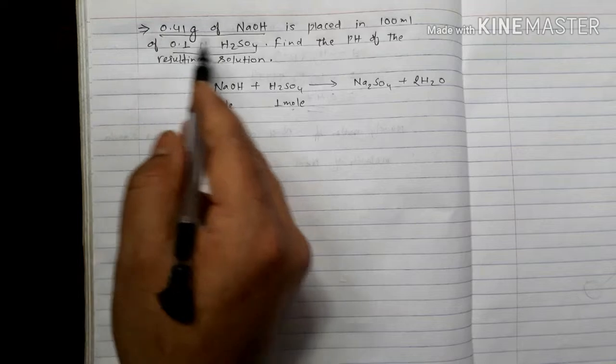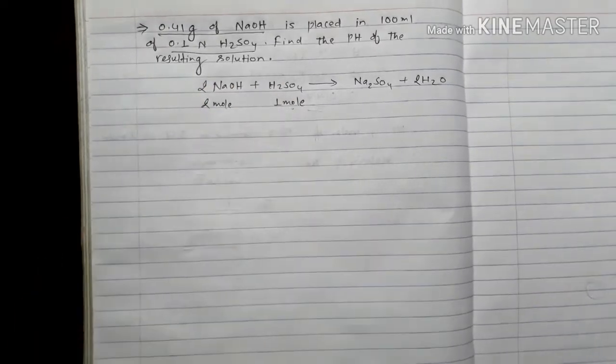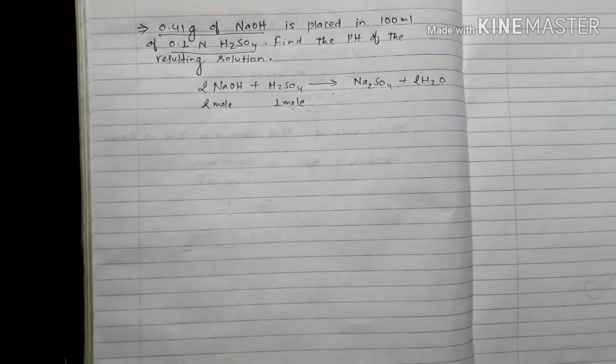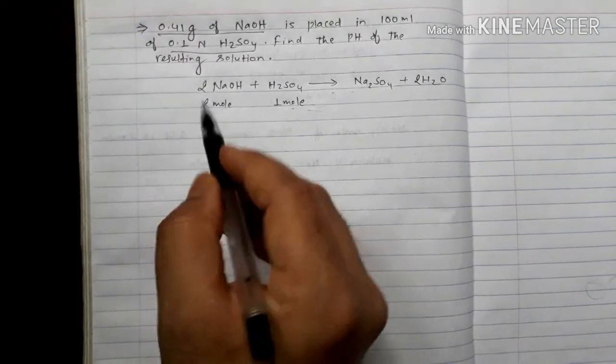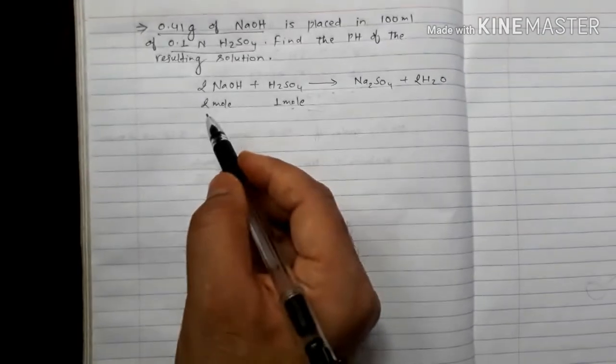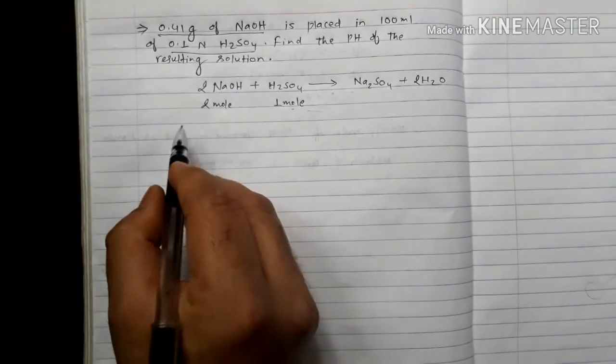From this you have to first find the number of moles, and from the number of moles you can easily find which is left, either NaOH or H2SO4.